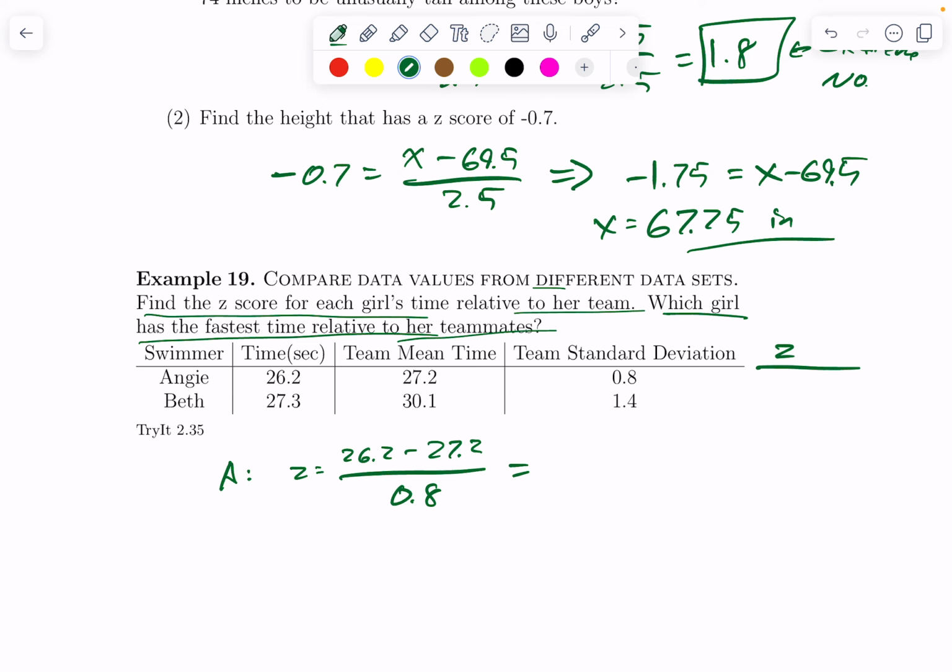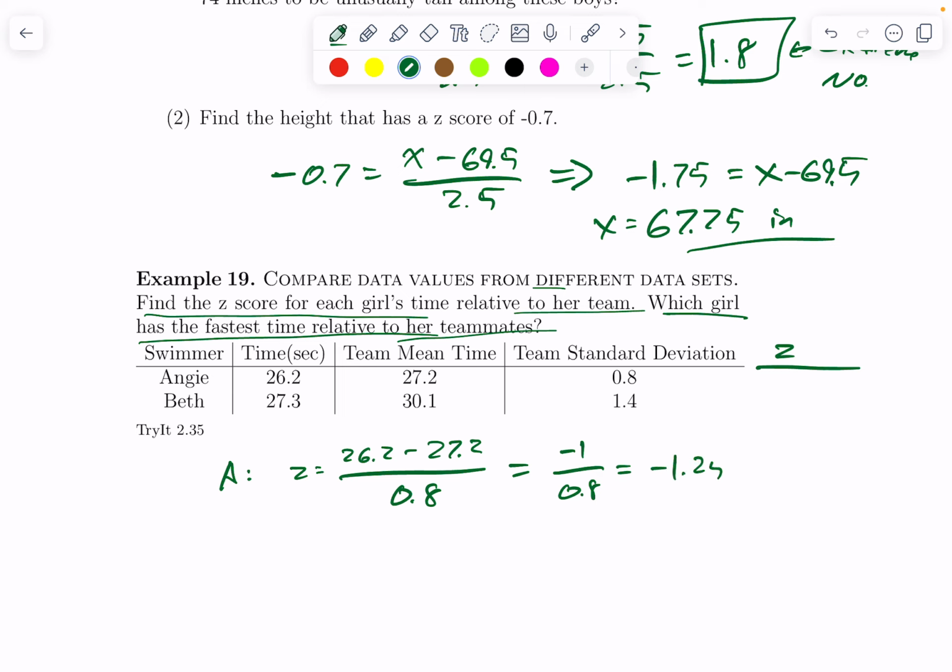That's negative 1 over 0.8, and negative 1 divided by 0.8 gives me negative 1.25. So she's about 1 1/4 standard deviations below the mean.